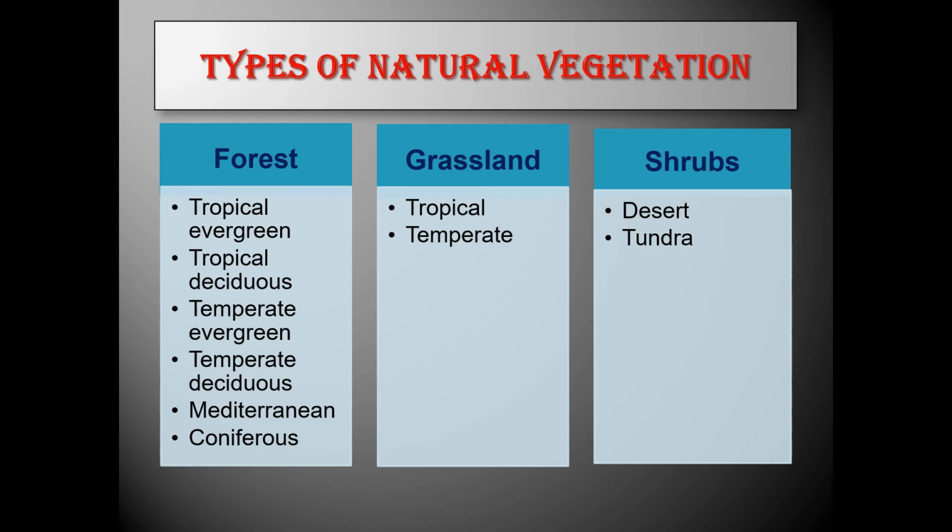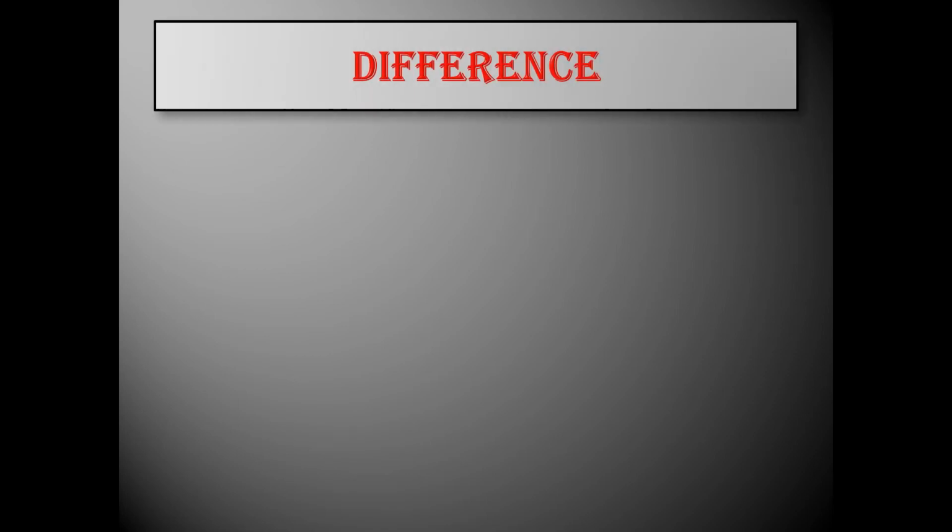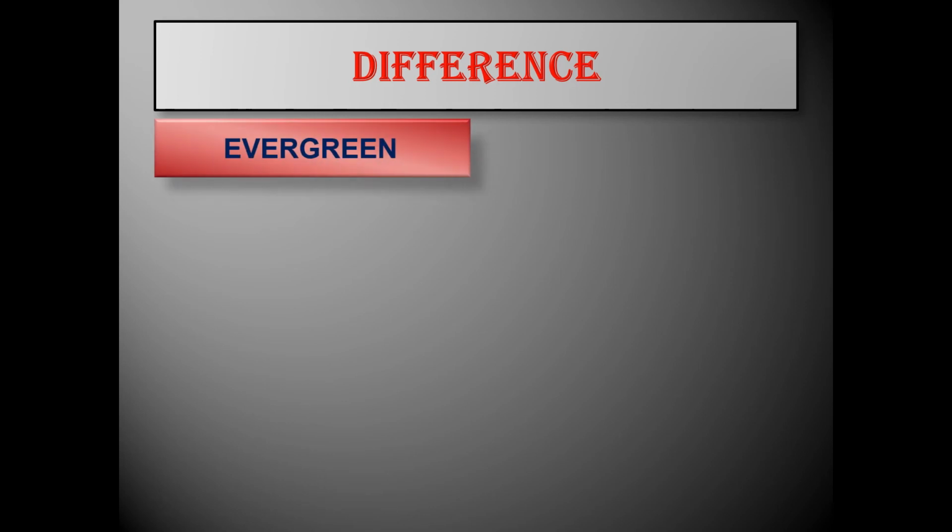So now let us know about the next topic. As we know, most of the world's natural vegetation is covered by two kinds of forests, that are evergreen and deciduous forests. So let us discuss the difference between these two. Forests are broadly classified as evergreen and deciduous depending on the shedding of their leaves.